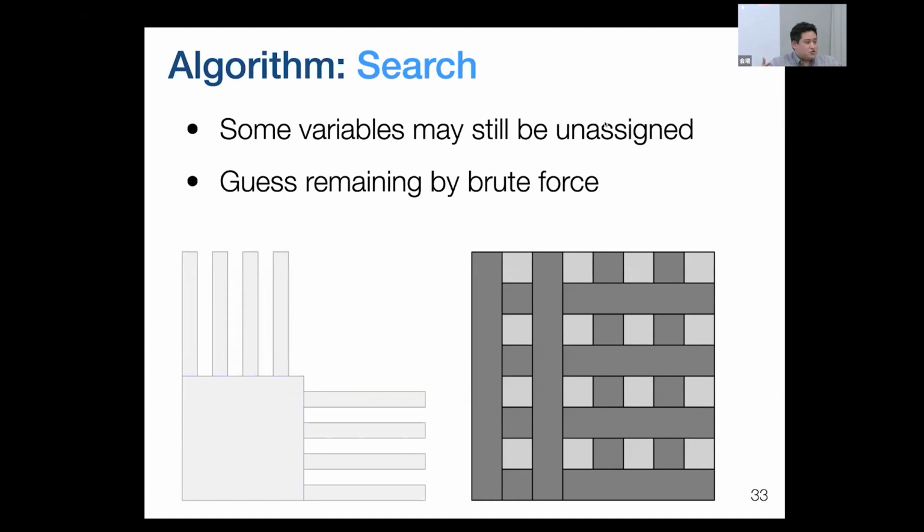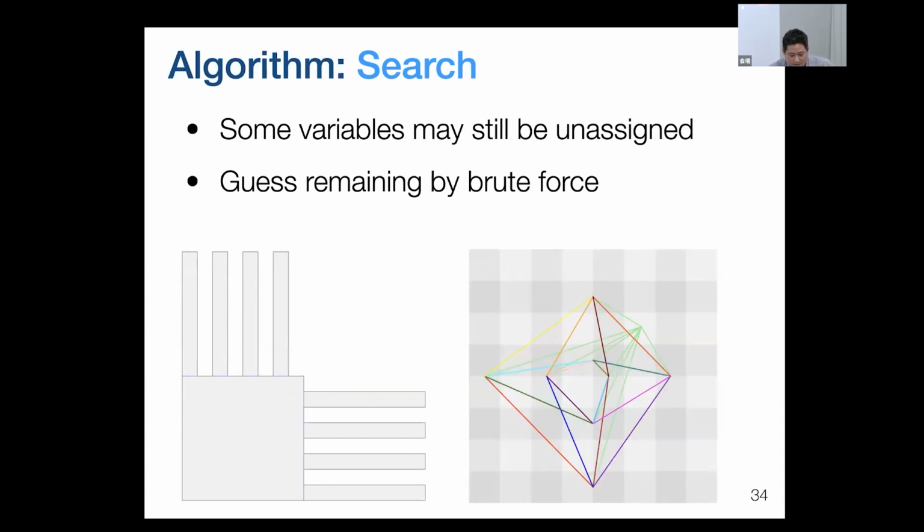So that's the initial assignment. And then, of course, you have to do a brute force search. If you haven't been able to assign all the other things, some variables may be unassigned, and so you have to guess the remaining via brute force search. However, once we've made those initial assignments, the remaining variables may be in disconnected components in that graph. So here's an example of the variables that need to be assigned.